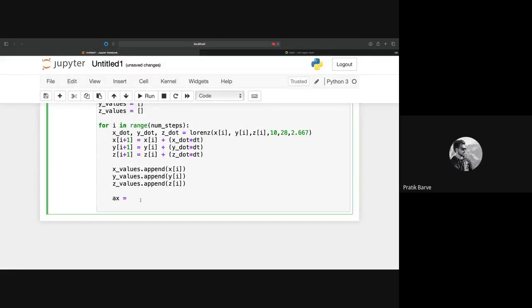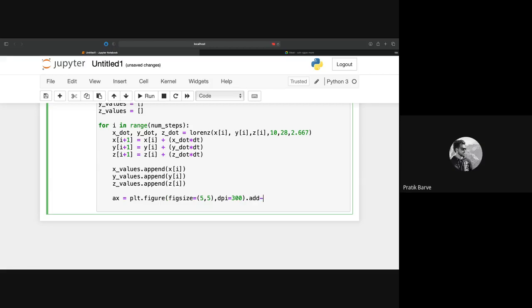So plt.figure, fixed size. Let's take 5, 5 and DPI of 300. And we have to mention in this that this is a 3D plot.